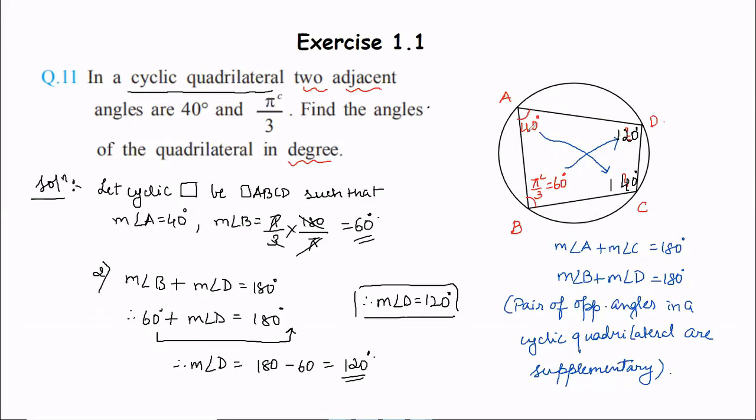So 40 plus 60 is 100, 100 plus 140 gives you 240, and 240 plus 120 gives you 360. Hence, our answers are correct. You can note these answers, draw this diagram, and note this property by pausing the video. We will move ahead with the next question, question number 12.